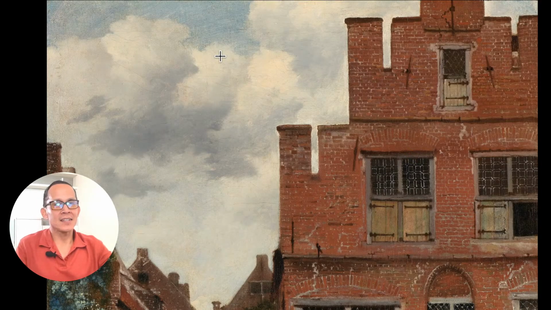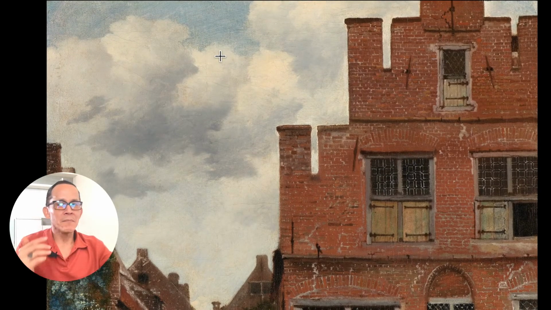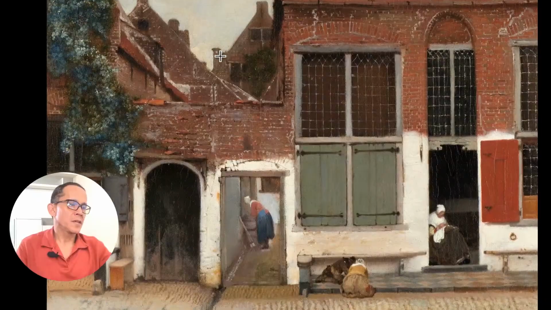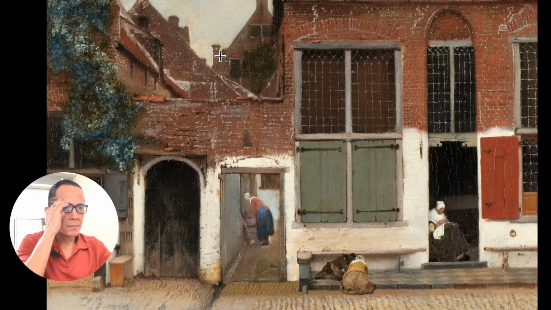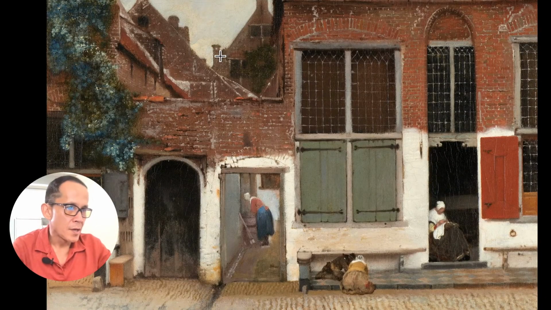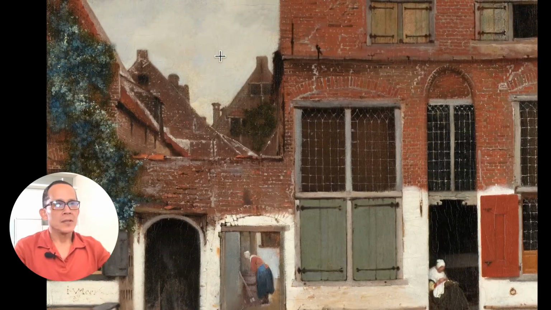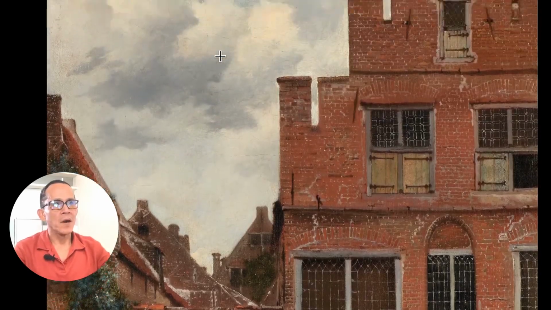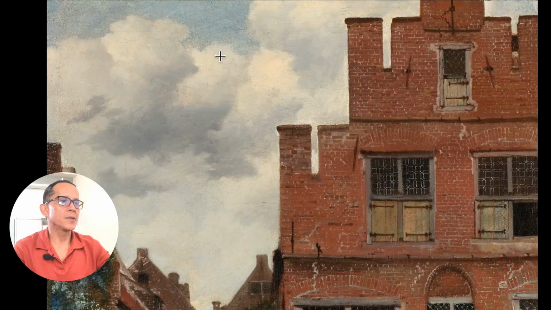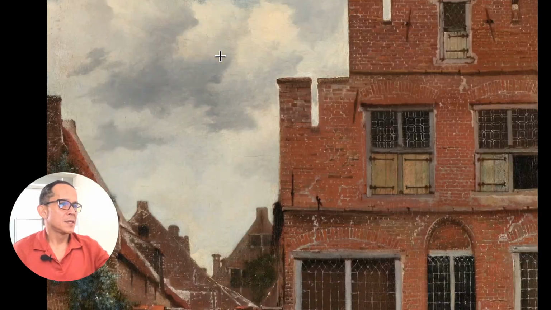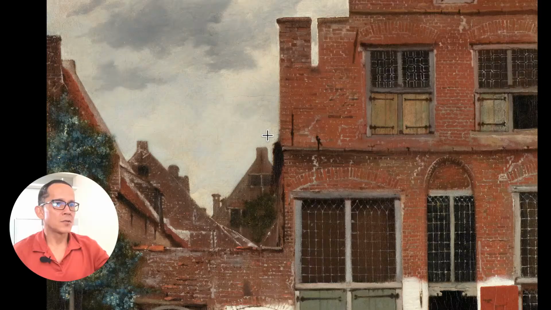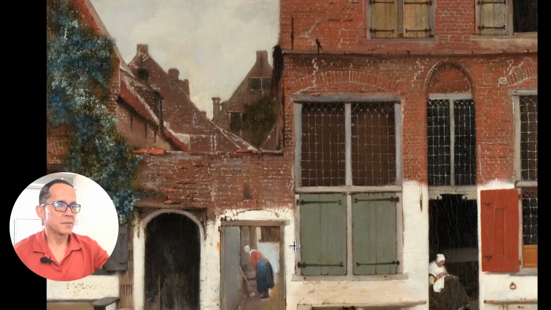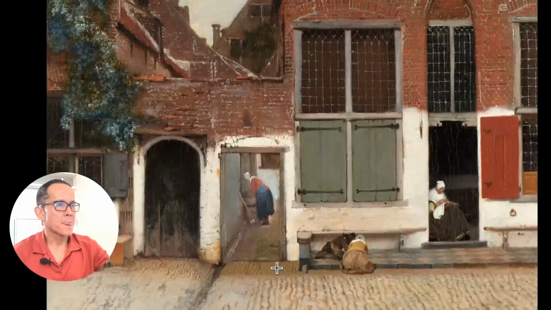From what I understand, Vermeer was middle class. He wasn't that rich, but he married into wealth, and he had a wealthy patron who could buy him ultramarine blue. So the point is, ultramarine blue is there. It's a luxurious, gorgeous blue. It's my favorite blue.